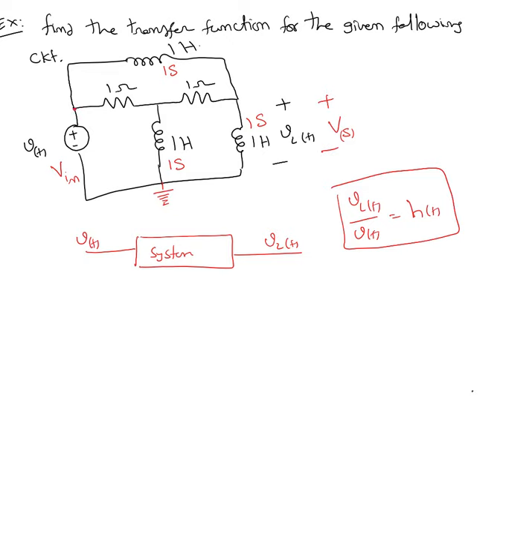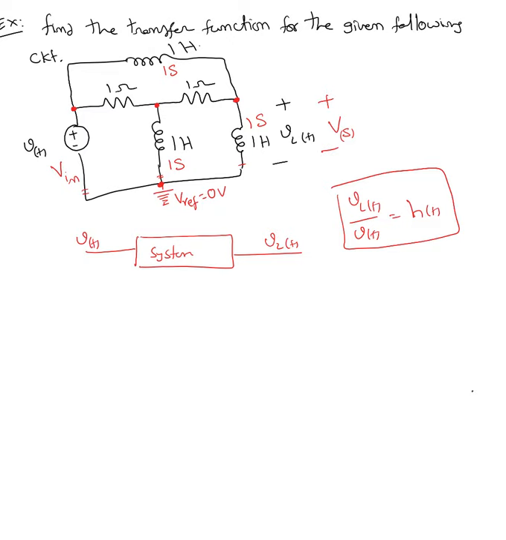So basically this is node 1, node 2, node 3, and node 4. The 1 Henry inductor, the 1 Henry inductor, and the source, all three of them are connected together at this point. So that's the fourth node. We always take one node as a reference node, and we take the reference node voltage as 0 volts.